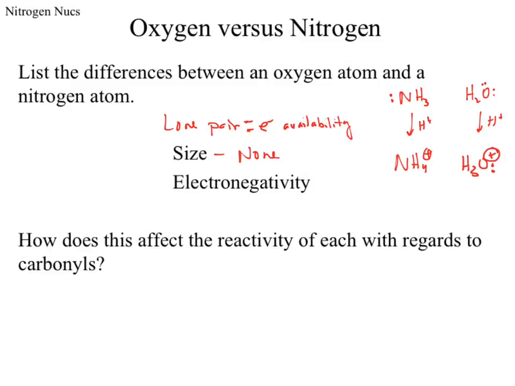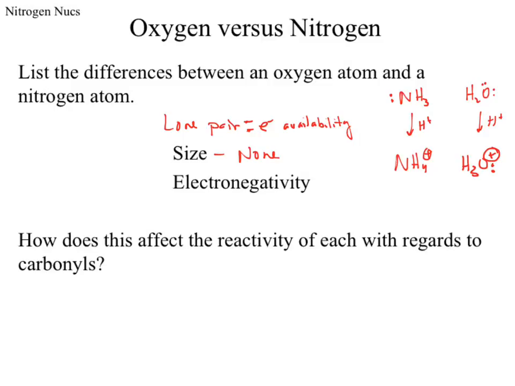Still has that lone pair. Is that lone pair donatable? No, because it's already positively charged. So even though there's two lone pairs, only one of them can do anything anyway. So we're still looking at the lone pair electron availability for both nitrogen and oxygen as identical. There is no difference in size.